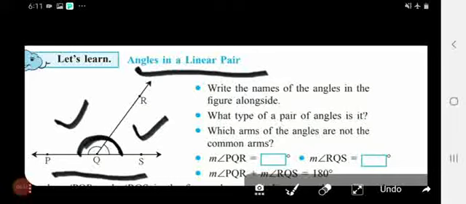So angles in linear pair are those adjacent angles which form a straight line. Straight line formation is a must; only then can they be said to be angles in linear pair. As they form a straight line, their sum will be 180 degrees.